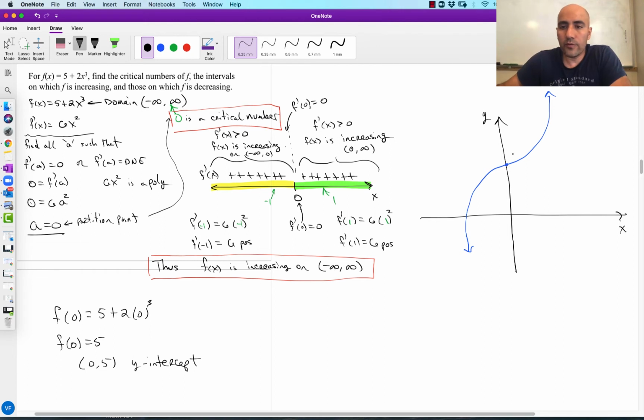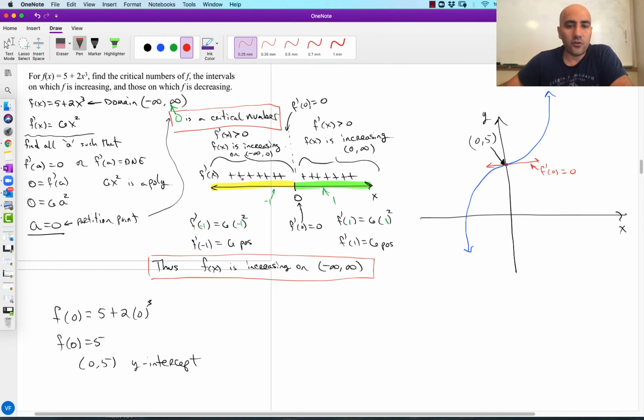So I know that this point right there is going to be (0, 5). And we also know that that's a place where the tangent line will be horizontal. So we have a nice horizontal tangent line there. So we'll say f prime of 0 equals 0 there.